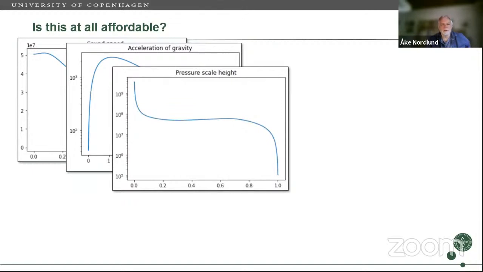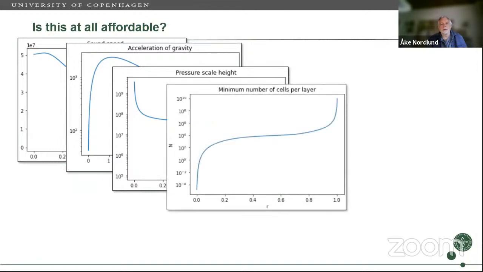So through most of the convection zone, the pressure scale height is actually much larger than in the surface layers. So if you now specify that you want a number of cells per pressure scale height, then you can easily make a plot of the minimum number of cells per layer that you need. The scale here goes to 10 billion, 10 to the 10, but that's okay, that's affordable basically.